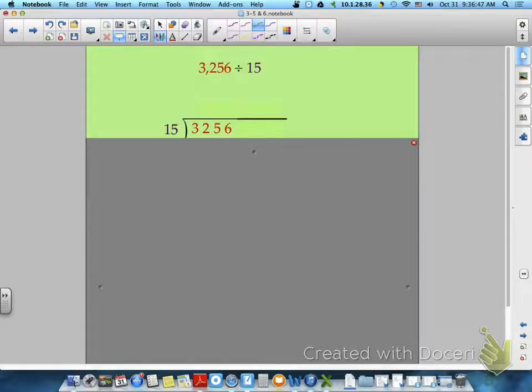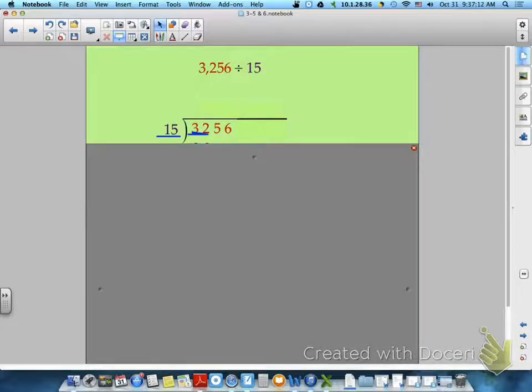Okay. So, how many digits do you have in the divisor? 2. So what I want to do is look at the first 2 digits in the dividend. Now, how many groups of 15 do you have in 32? Lena? 2 groups of 15.